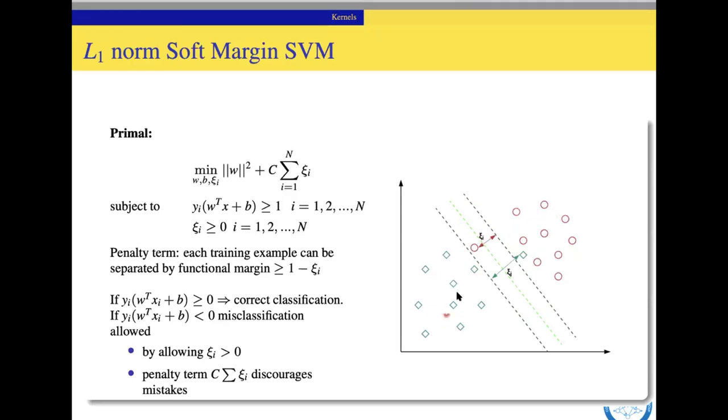For some strange reason, this red bubble is in this location, and this green square should be somewhere else, but it's there.